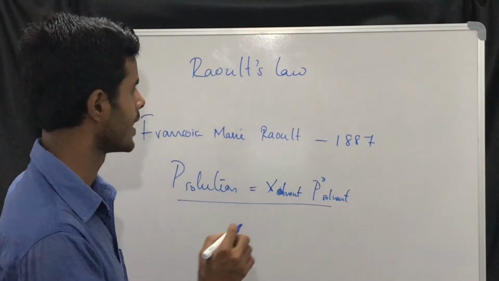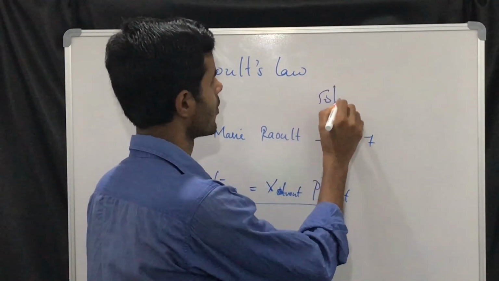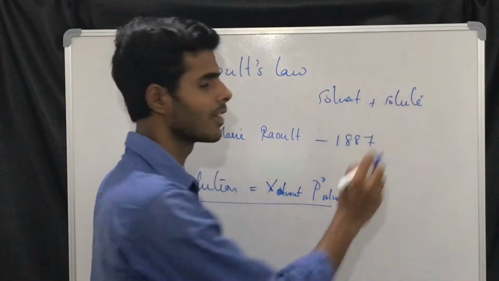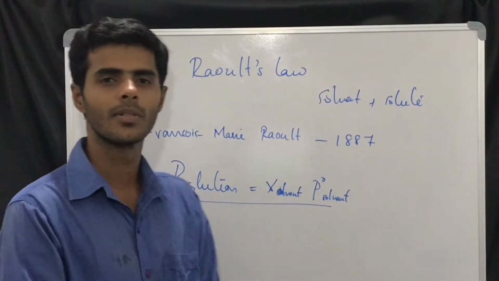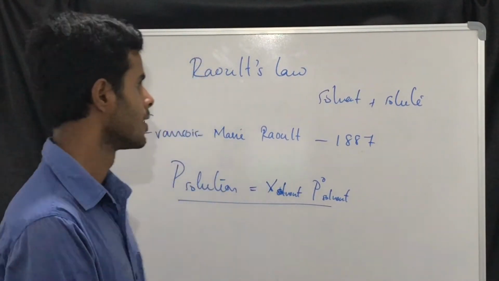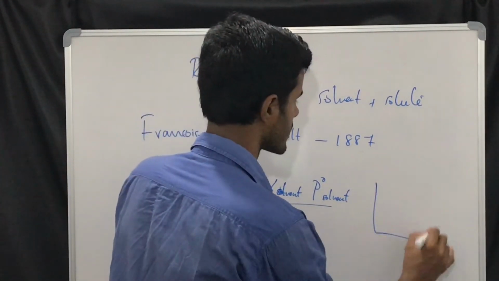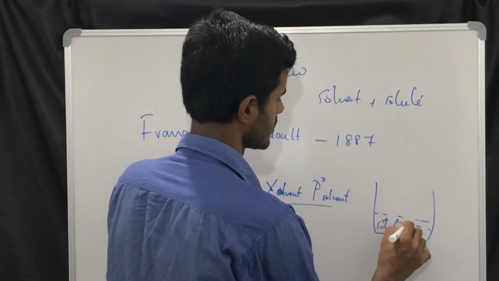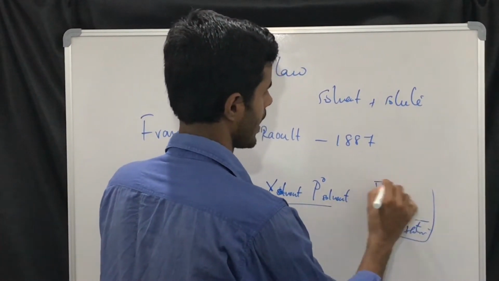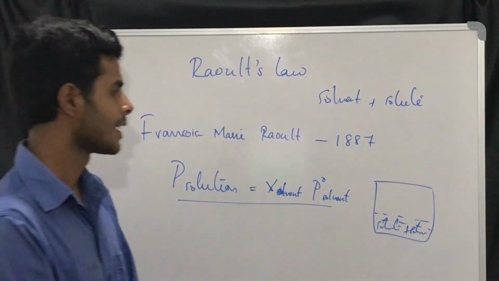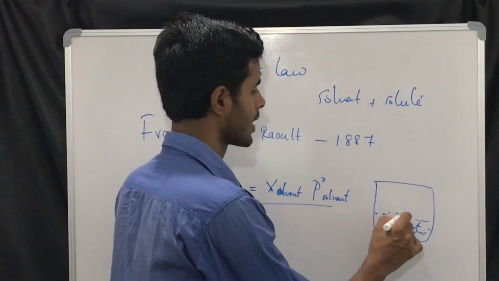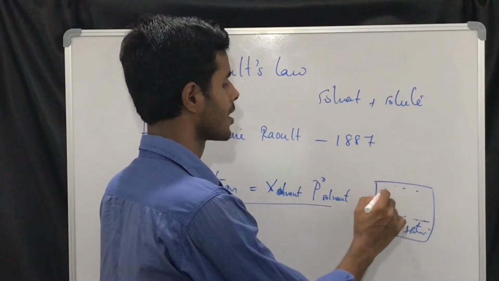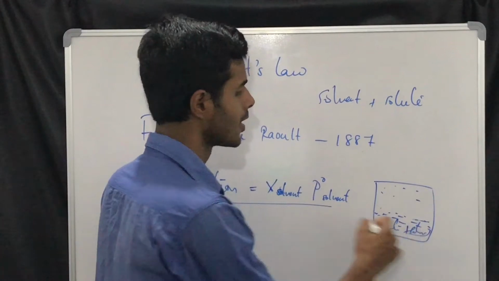We know that a solution is composed of a solvent and a solute, where the solvent is in higher quantity and the solute is in lesser quantity. When we mix a solute and a solvent in a closed container, there is a chance of evaporation of solute particles and solvent particles, and they will be in dynamic equilibrium with the liquid solution.